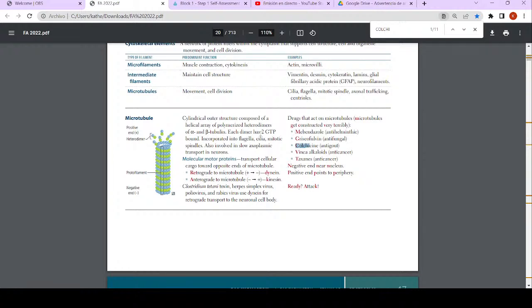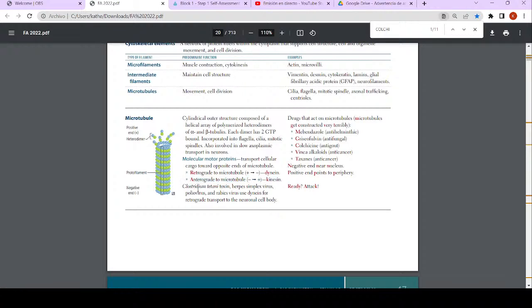Each dimer has two GTP bound, incorporated into flagella, cilia, and mitotic spindles, also involved in axoplasmic transport in neurons. Molecular motor proteins transport cellular cargo toward opposite ends of microtubule. Dynein, retrograde; kinesin, anterograde.